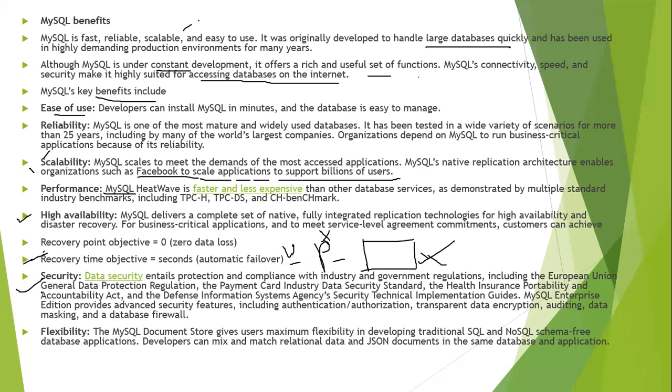So that security will be given by whom? The MySQL server. And flexibility: maximum flexibility will be there for traditional SQL and NoSQL schema-free database applications. Developers can mix and match relational data and JSON documents in the same database applications.